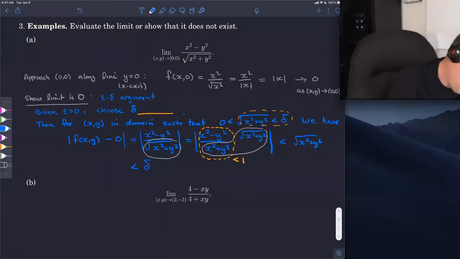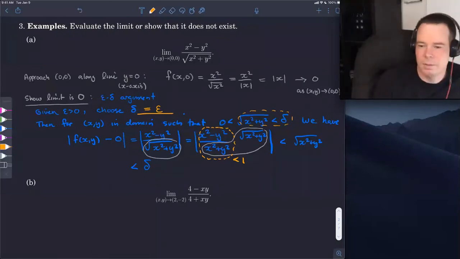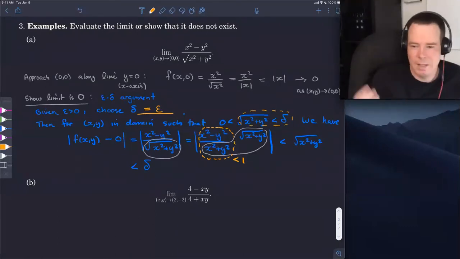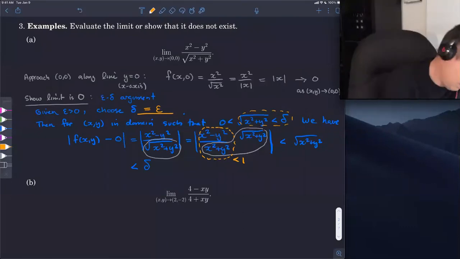So if I just choose the circle that I've used as my collar around the origin, where I'm allowed to take points, to take the function values up, I just take that to be the thickness or half the thickness of the sandwich, which was epsilon. So I just choose delta to be epsilon. Then I get my result.